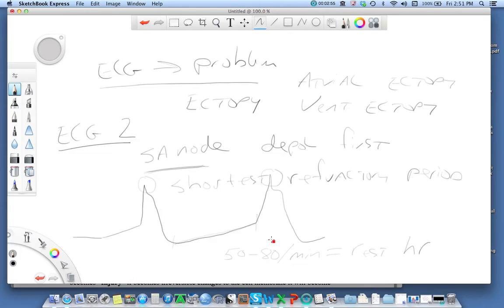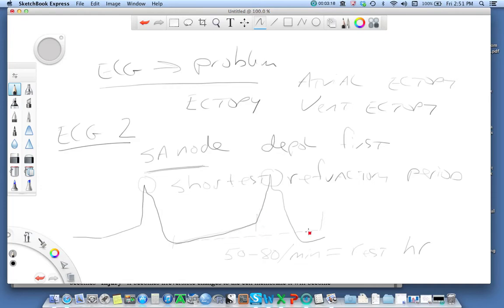All the other cardiac cells take longer to depolarize. And therefore, by the time they get to their natural depolarization time, they're already depolarizing because of the action potential from the SA node.